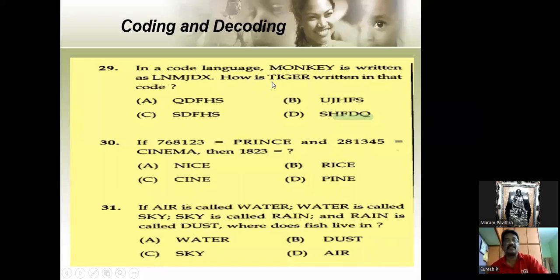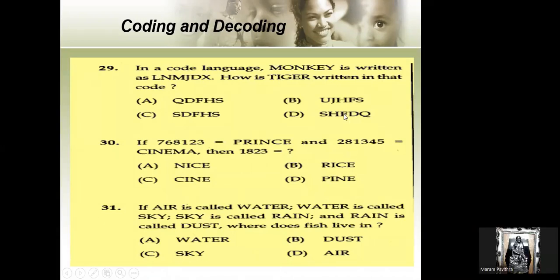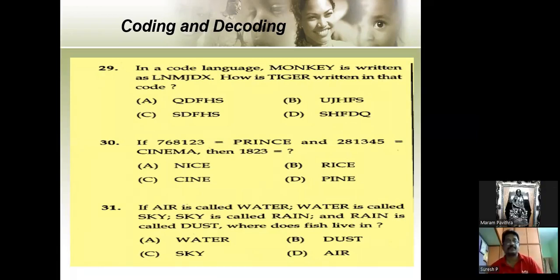Now we come to T. P, Q, R, S, T. So the previous letter to T is S. Correct. Next I. Here G, H, I, J. So H is the previous one. Next, G, F, G. So F is the previous one.